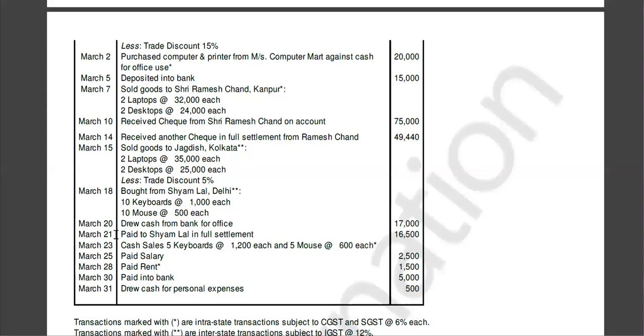March 20, drew cash from bank for office use. So this is a transaction of withdrawing cash from bank. This is cash book, and this entry is a contra entry because we withdraw cash from bank.